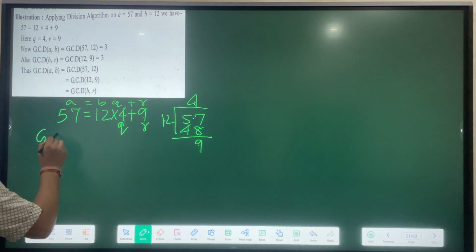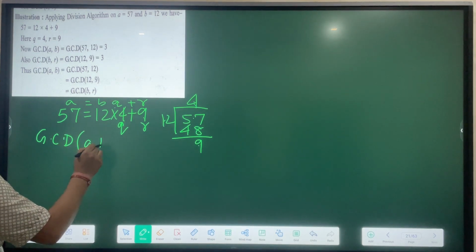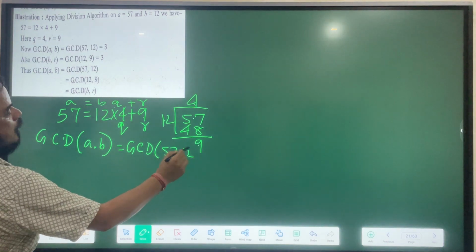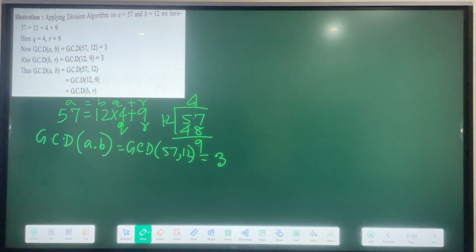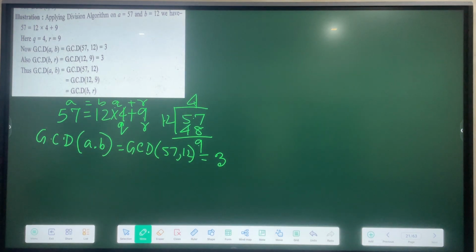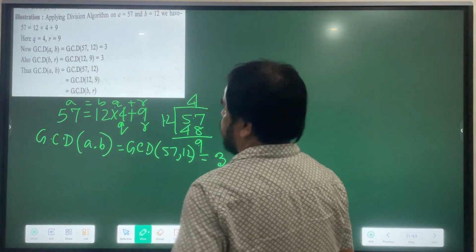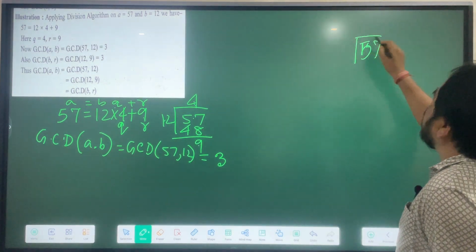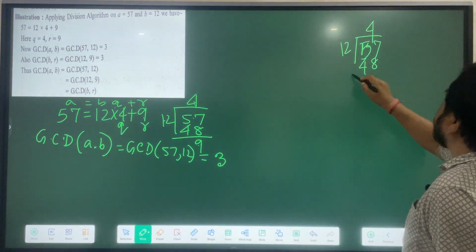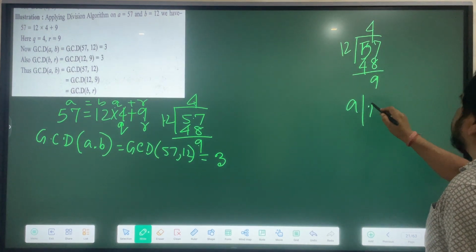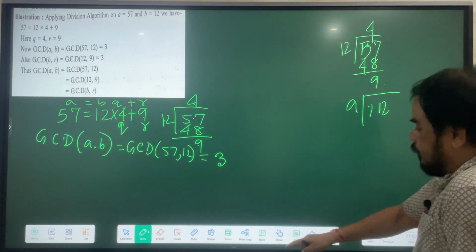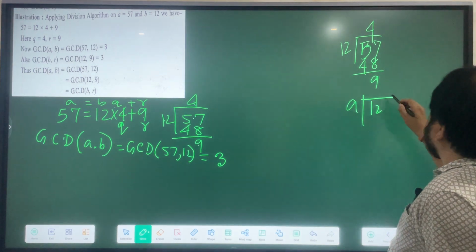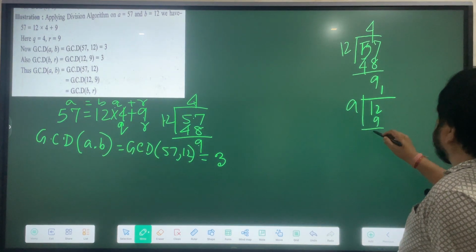So GCD of A, B is equal to GCD of 57 and 12. We have not found it here, so let us find the GCD of 57 and 12. 12 fours are 48, remainder 9. By 9 we divide 12 again: 9 ones are 9, remainder 3.